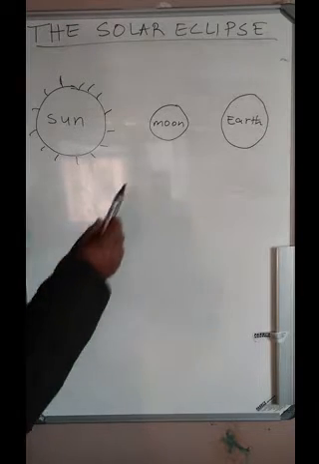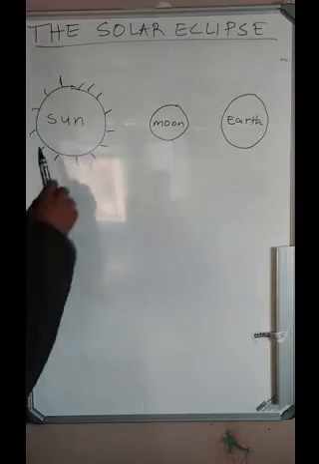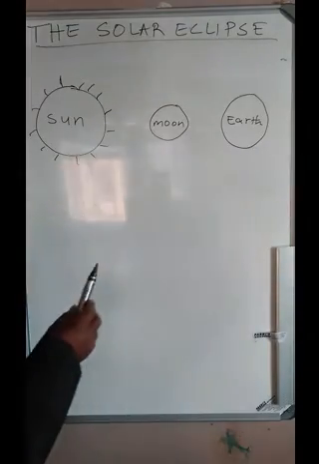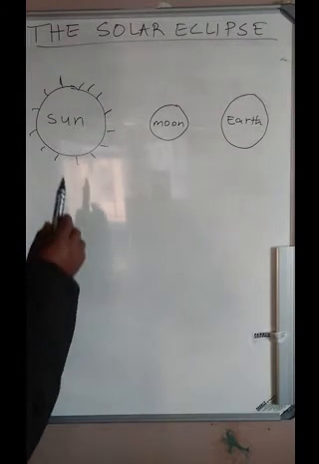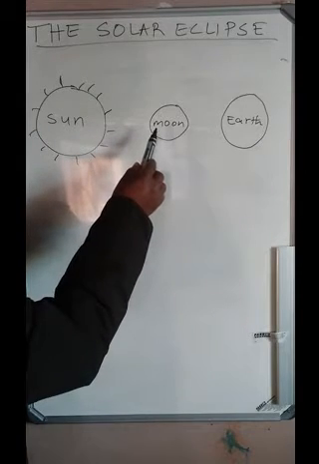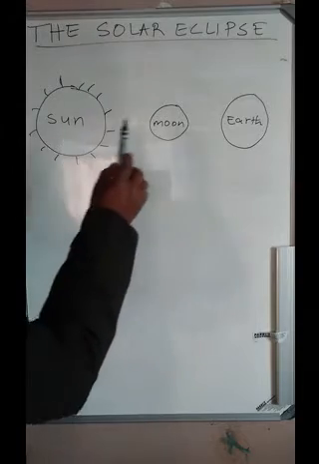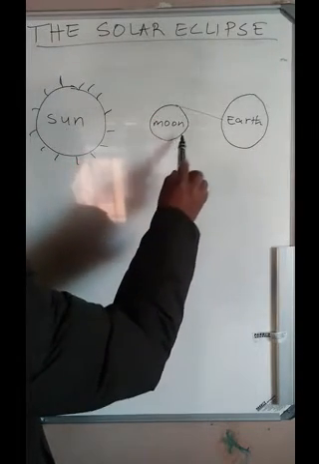So when the moon is here, between the sun and the earth, or when these three objects are in a straight line, the sun shines on the moon, and then a shadow of the moon will be this side.